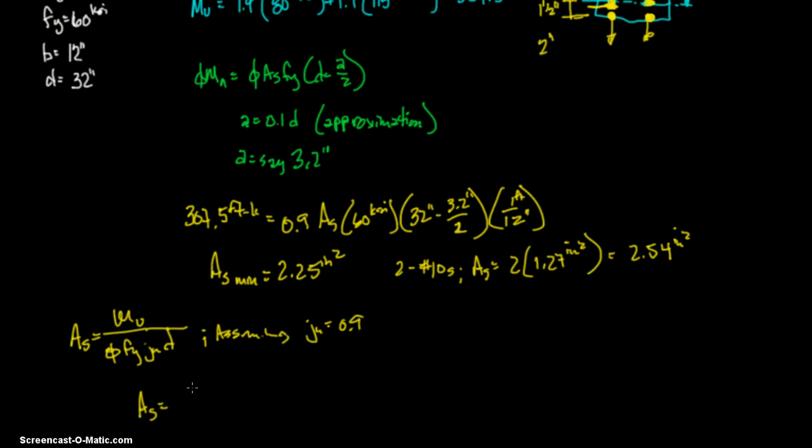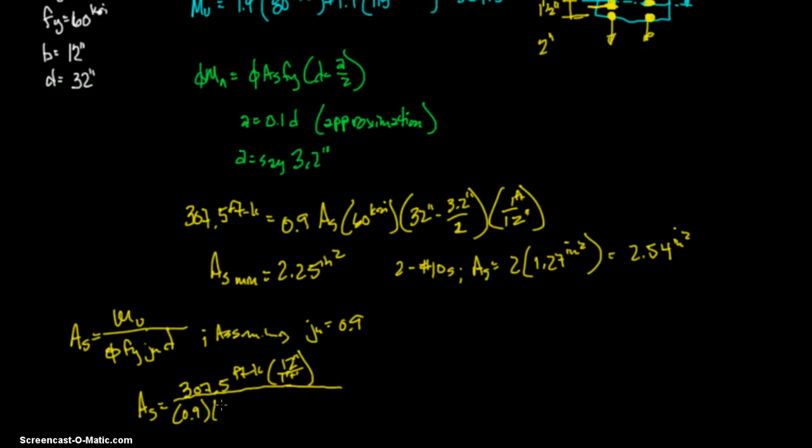As equals Mu, which was 307.5 foot-kips. And then this is 0.9. And because we want inches, we're going to have to change this to inches as well. And that's 1 foot equals 12 inches.